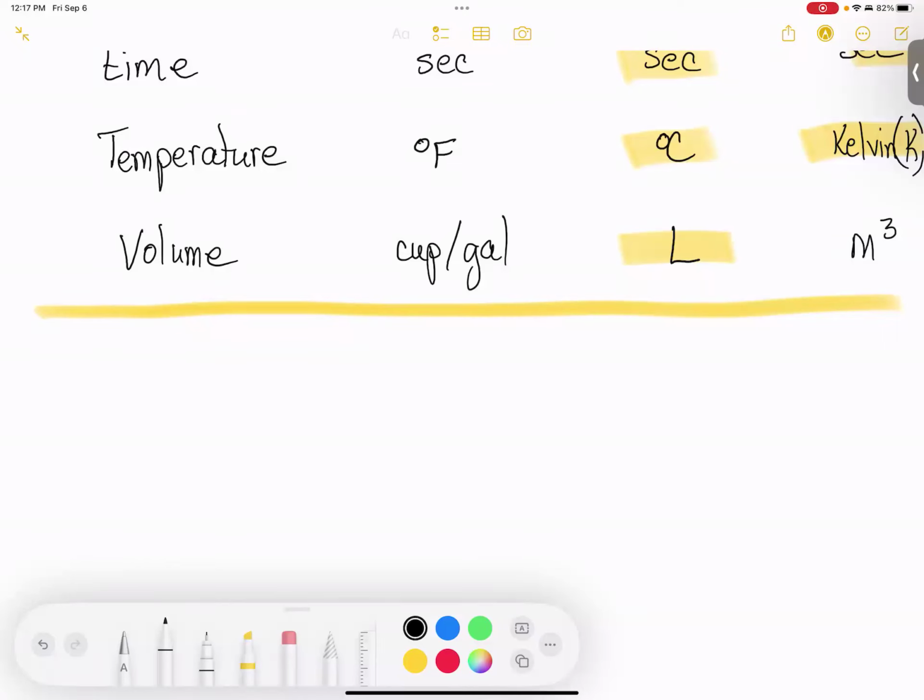The metric prefix conversion factors must be memorized. To help you memorize, if you go into this week's folder, you will find a Quizlet that can help you practice, I should say, in memorizing these.